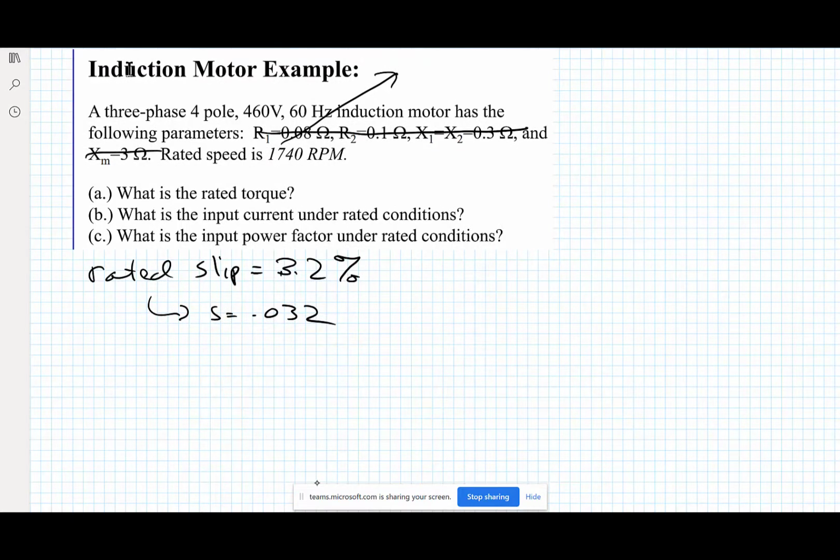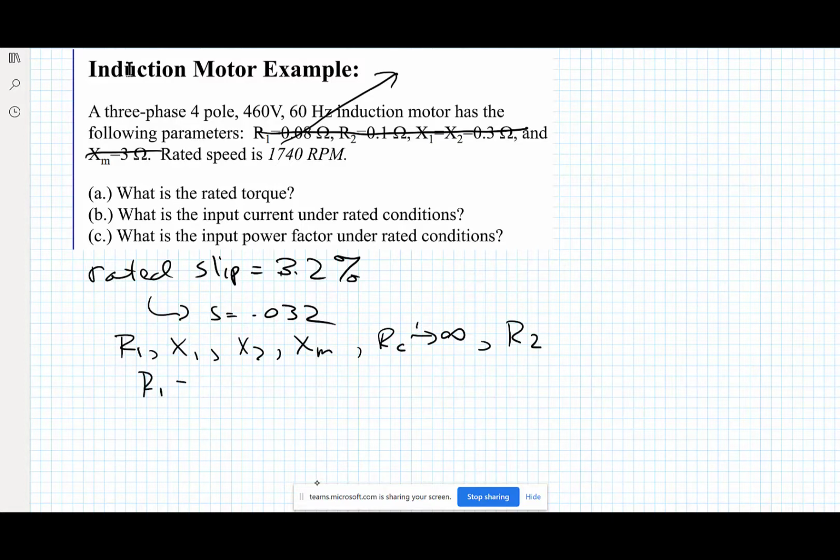I'm going to give you the parameters R1, X1, X2, XM. We're going to say that RC is almost infinite, so we'll ignore that, and R2.